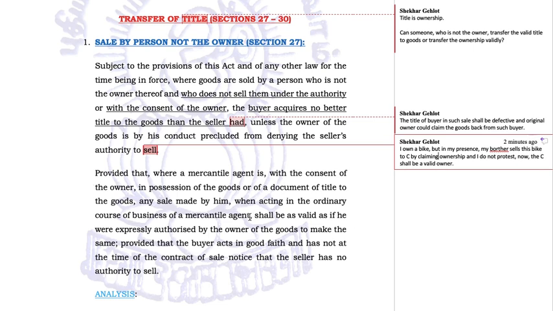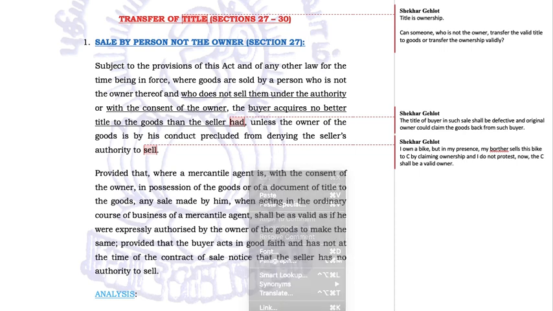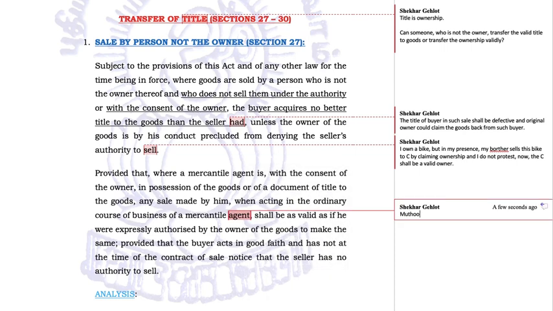Let us discuss the example. Who can be a mercantile agent? Muthoot Finance. That's the case of Muthoot Finance. I pledge my gold with Muthoot Finance for 1 year, and if I do not repay, Muthoot shall sell it.